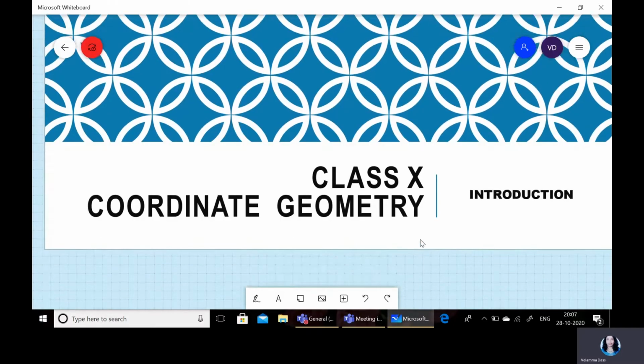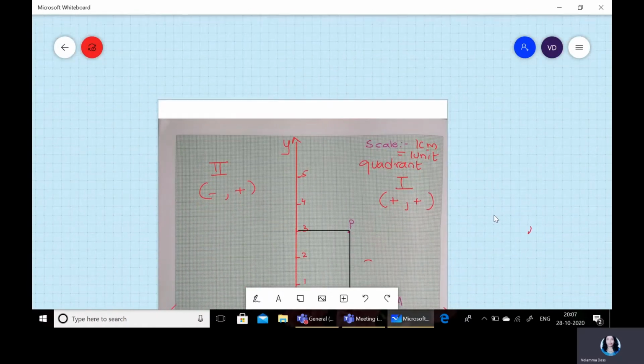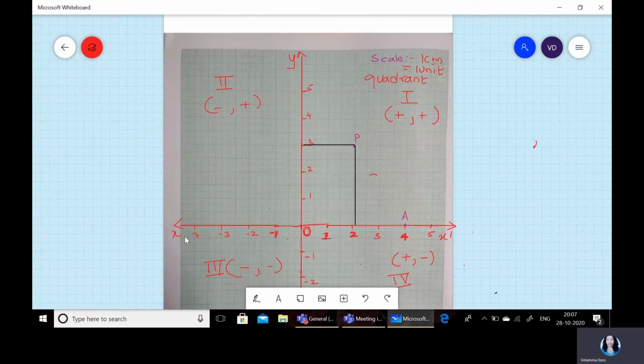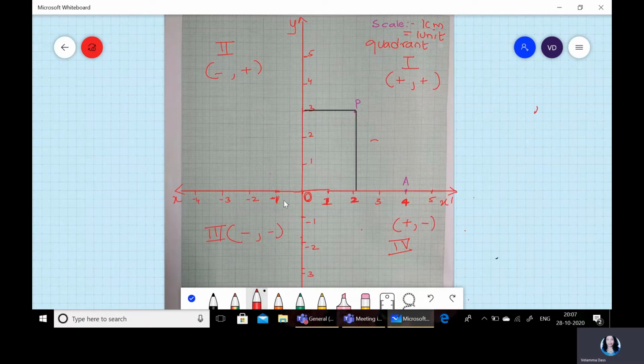Now in the ninth standard we have learned how to locate the position of a point in the Cartesian plane and we saw. Let's have a quick recap of that. So we all know that any plane can be divided into four parts by means of horizontal x-axis and vertical y-axis, correct? And this is dividing the plane into four parts, that is the first quadrant, second quadrant, third quadrant and the fourth quadrant.